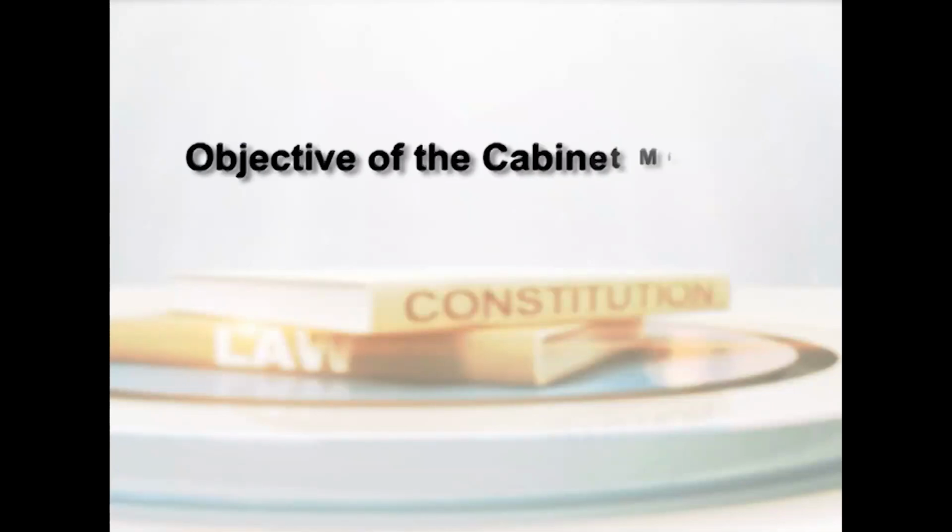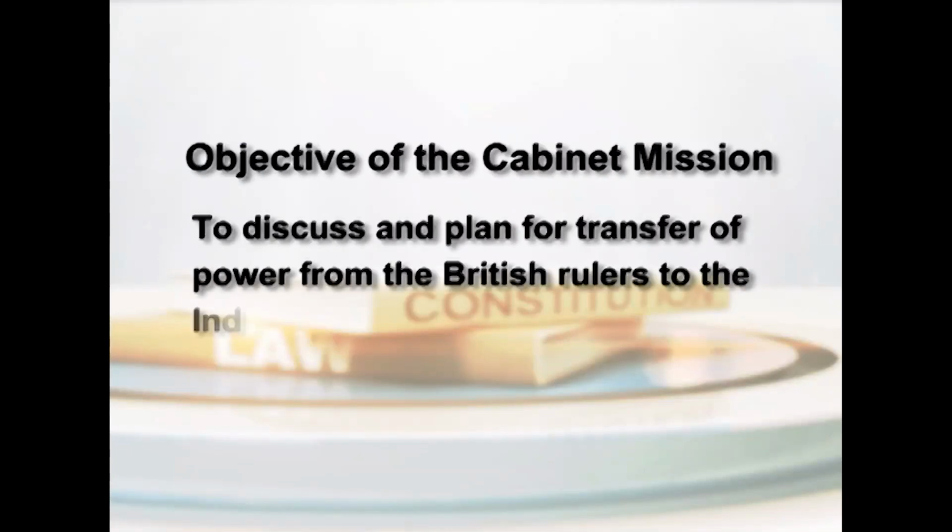What was their objective? The British Cabinet Mission aimed to discuss and plan the transfer of power from the British rulers to the Indian leaders. That was the beginning of the step towards the independence of India. Their proposals came as recommendations and were subject to the approval of two major parties.